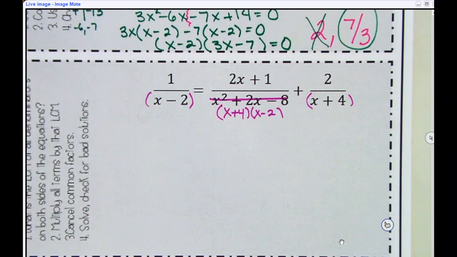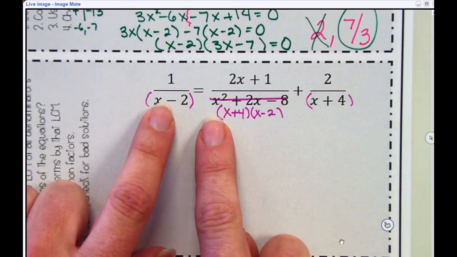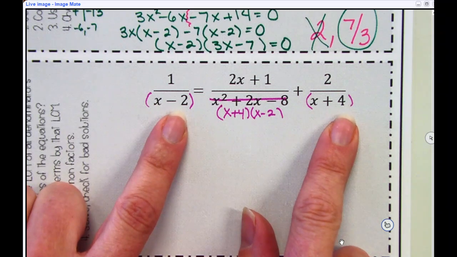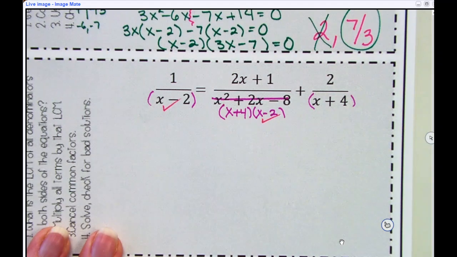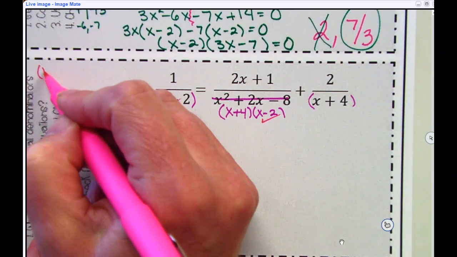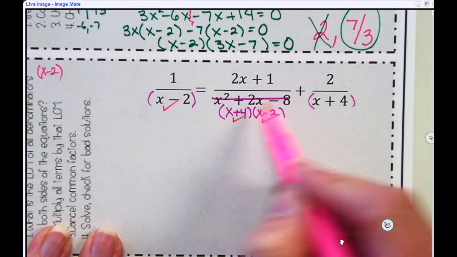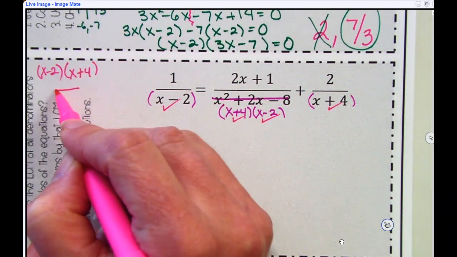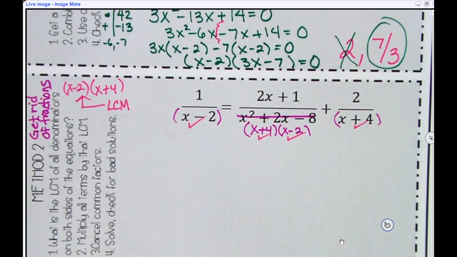I hesitate to call it a common denominator because we're not adding or subtracting fractions here. But I want to find the least common multiple of all three denominators. So I would need x minus 2, right? This is just me thinking over here. And I would also need x plus 4, right? That is my least common multiple of my denominators.